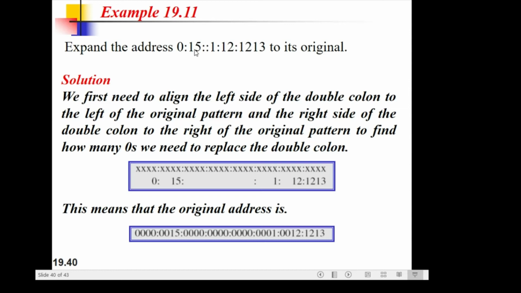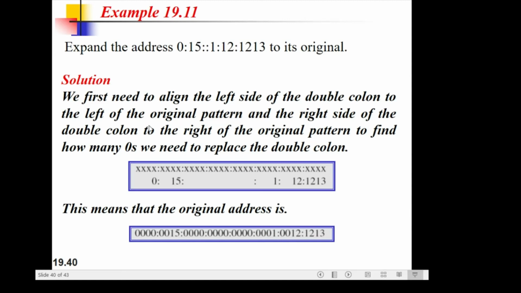And then at this point we have 15; in the original form we must have 0015. At this one we have 2, so that means we have 3 zeros to add at the front. So another 2 zeros before 12 and 1213.